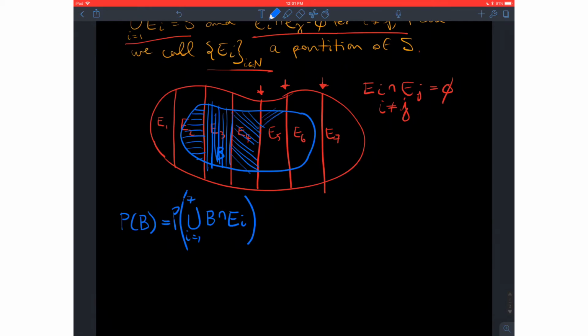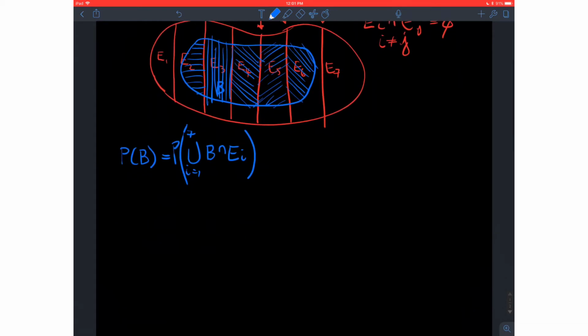So these are the different pieces, and if you add them all together, you get B. Now, they're also disjoint, so we can use that axiom of probability that tells us that that's the sum of the probabilities of B intersect Ei.